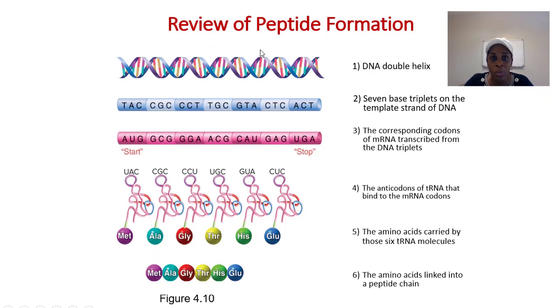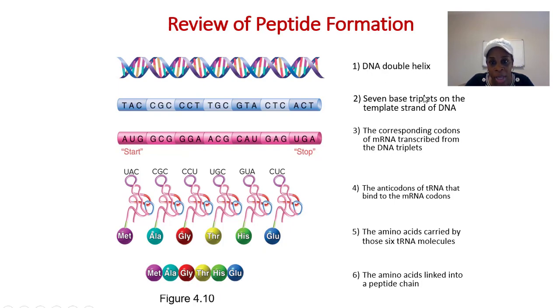So to review the peptide formation, peptide just means the protein making. You have the DNA, double helix, from which you will make mRNA, right? And that mRNA will go through the ribosomes with the tRNA bringing amino acids that will come together to become the protein, right?